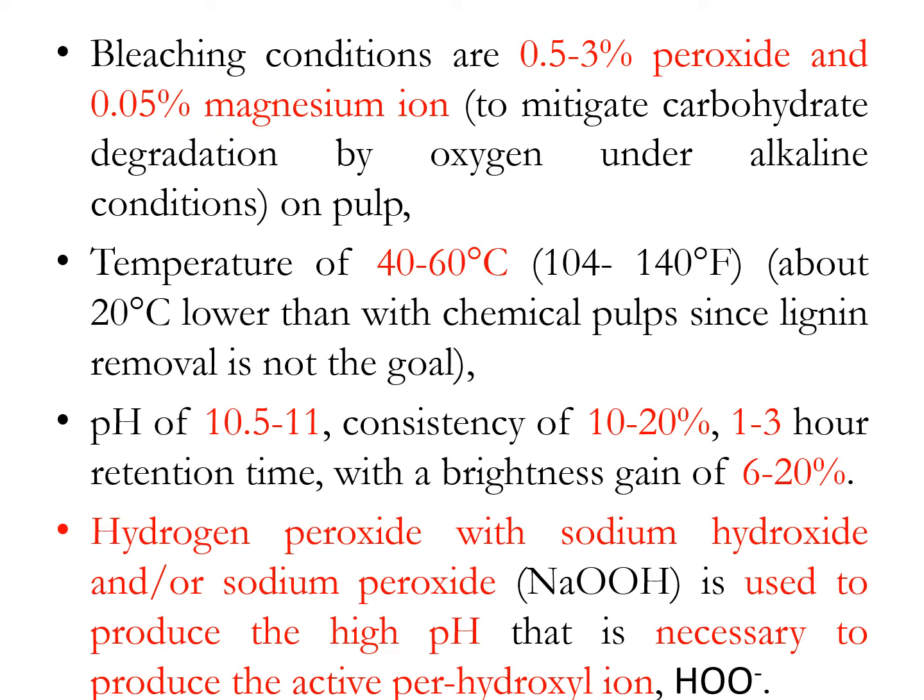Okay. Now hydrogen peroxide with sodium hydroxide and sodium peroxide is used to produce this high pH. Okay, and this is necessary to produce the active perhydroxyl ion.